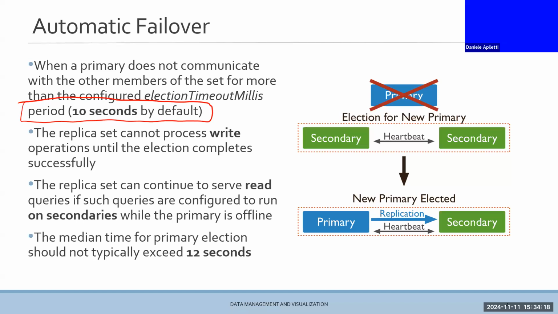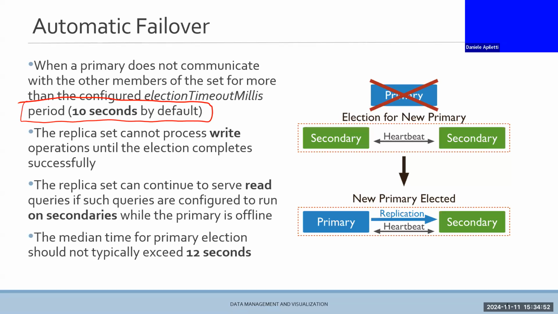It means I'm alone or I'm on the minority side of the network partition. Instead, if I can still contact the other nodes, we reach the quorum, so we have more than half. We can elect a new primary and we keep operating. Then when the other partition comes back up, it will synchronize with us, catch up on the changes, and become operative after a while of catching up. So that's the idea.